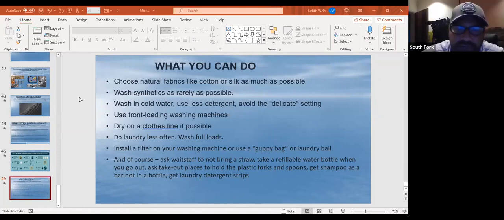So there's a question here from Elaine Giesel. I hope I pronounced it right. Is it possible that the larger portion of microfibers from the delicate cycle is from the type of materials that we wash delicate?